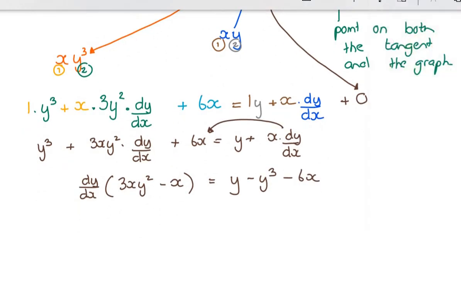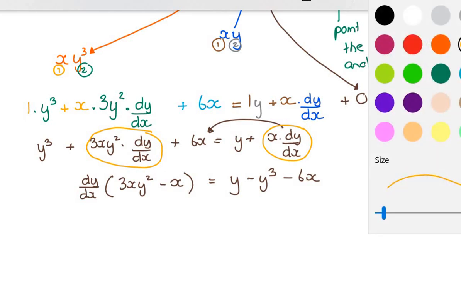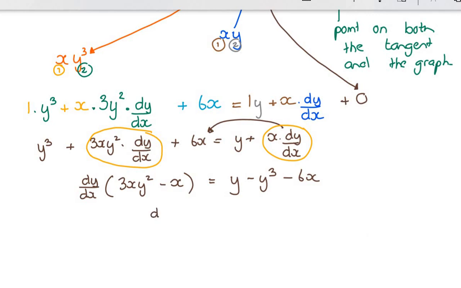But I think that's right, because there's my dy/dx term, and I've brought that over, so it's minus x, and then I kicked everything else to the other side. And so finally, I can isolate dy/dx by dividing, so it's y minus y cubed minus 6x over 3xy squared minus x.